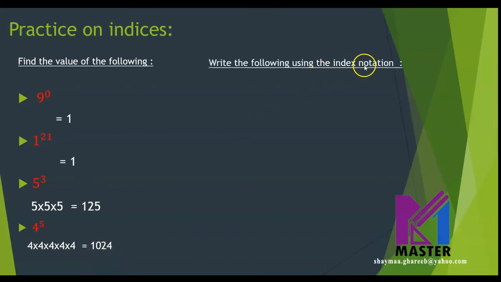Now look at this question, and I want you to pay attention to these two questions. Here in the first question, it was asking about the value. So in case of asking about the value, we write the answer. But in this question, he's asking about the index, or to use the index notation.